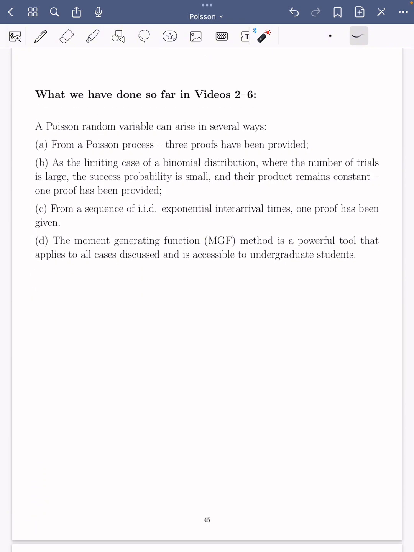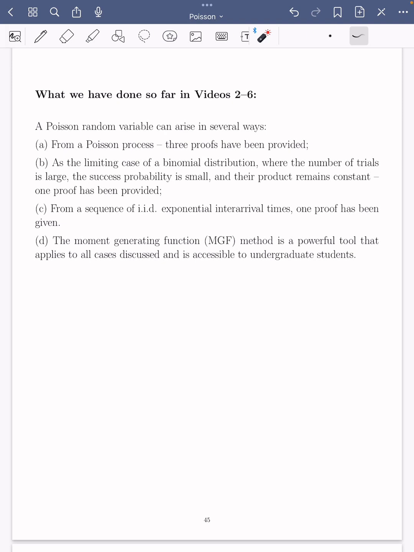So that is what we have done so far in videos number 2 to number 6. We see that a Poisson random variable can arise in several ways. The first case is from a Poisson process, and in this case we presented 3 proofs for the Poisson probability mass function.